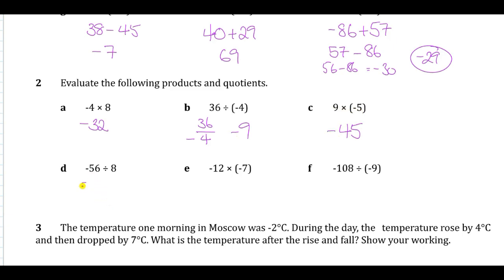So 56 over 8 is 7, but one of them is negative. 12 times 7 is 84. Both of these are negative, which means my answer is positive. 108 divided by 9 is 12. Both of them are negative, which means my answer will stay positive.